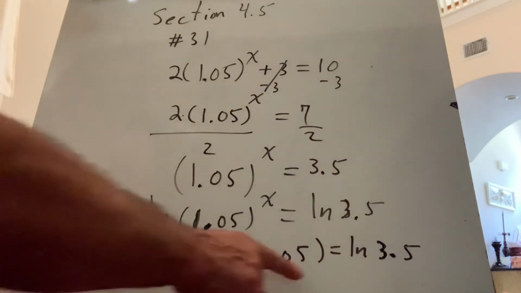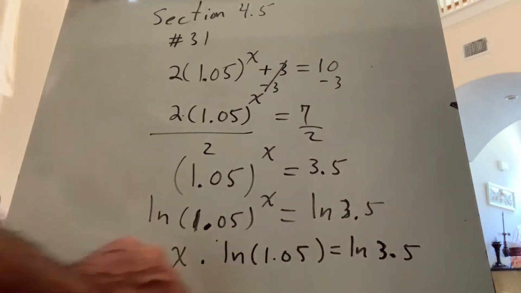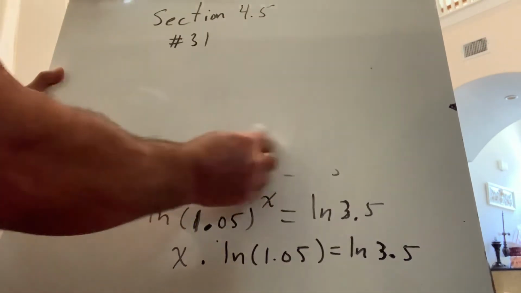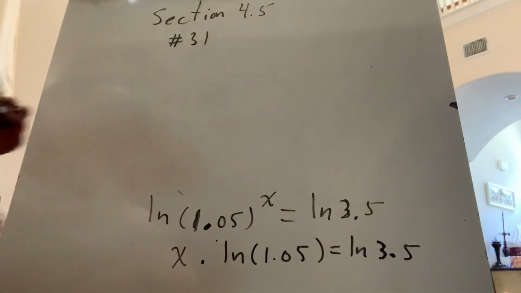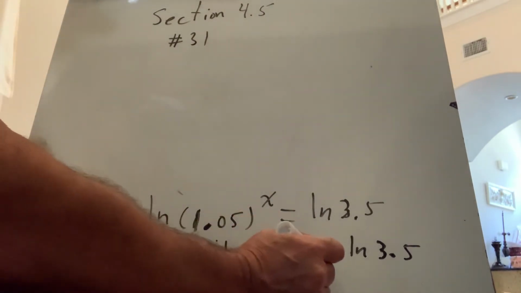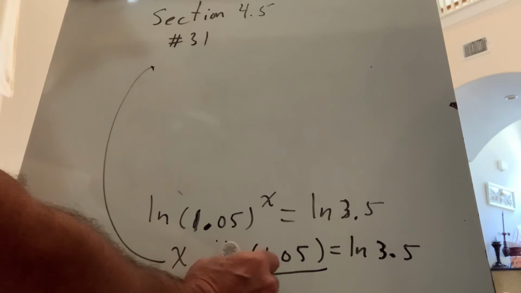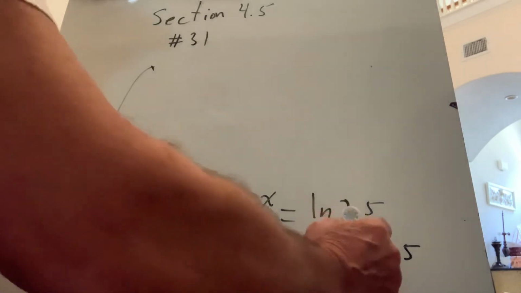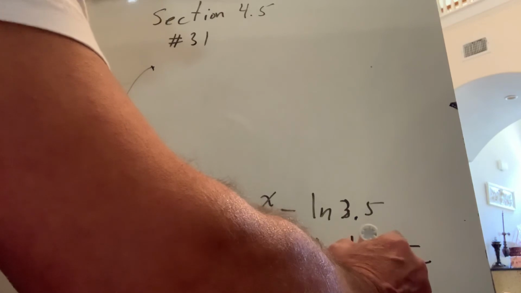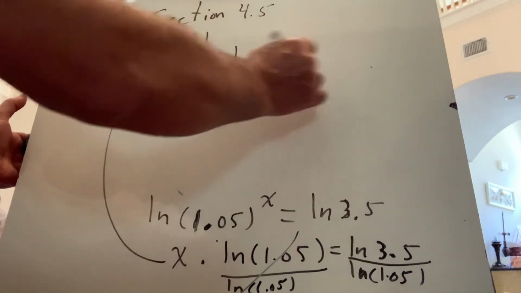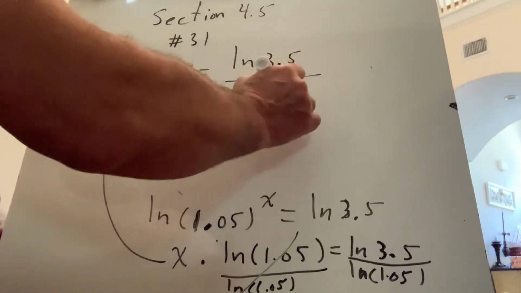Of course, the last step is we divide both sides by natural log of 1.05 so we can isolate the x. So now what you have is x equals natural log of 3.5 divided by natural log of 1.05.